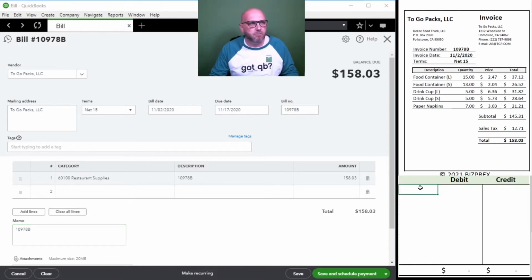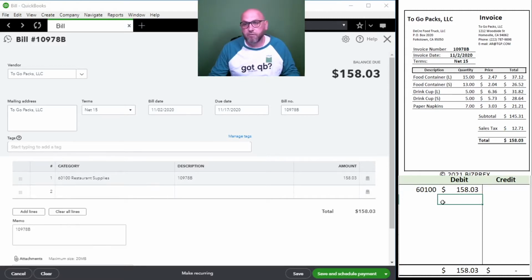So what's happening here, right? A very important element to understand. At this point, after we book it, it will not impact our bank account. It will not impact our credit card account. So what's being impacted? Well, one thing we know for sure that we can see here, right? It's impacting our expenses. Expenses go up when debited, right? So here it is. Debit 6100 right here. Right. What else is happening?